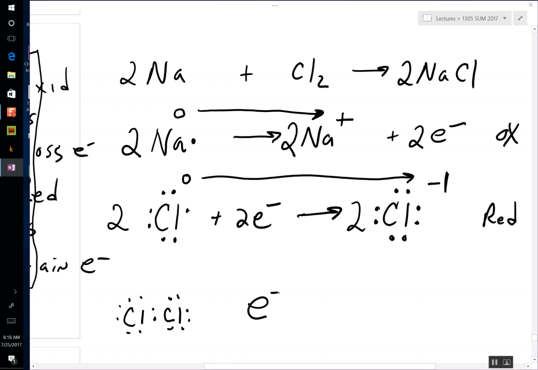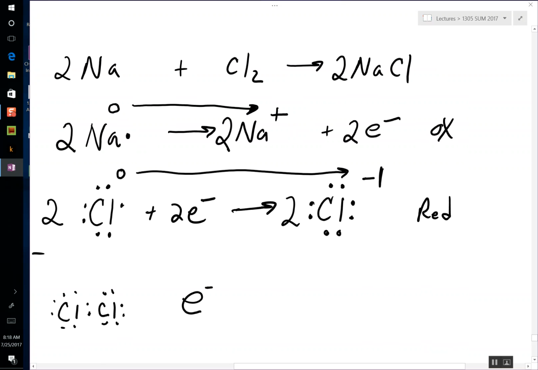That -1 right there, it's got a -1 charge to it. An electron does. So when something gains an electron, it reduces, lowers its oxidation number. So this is a redox reaction. And we would say that this sodium, this is the oxidation half reaction.